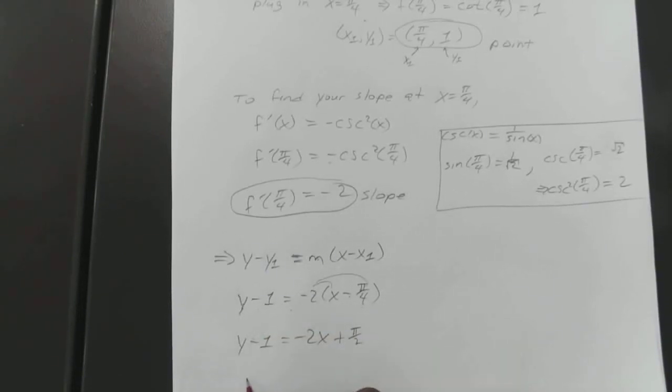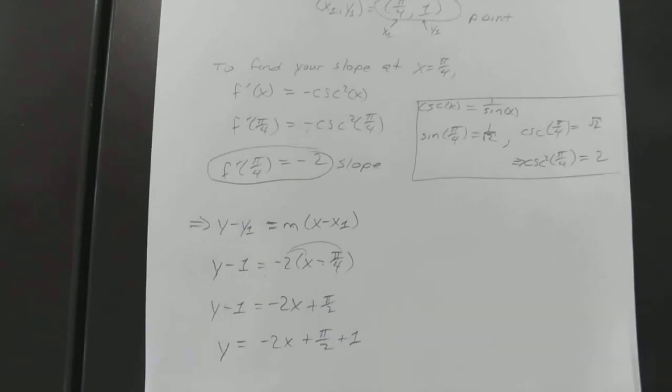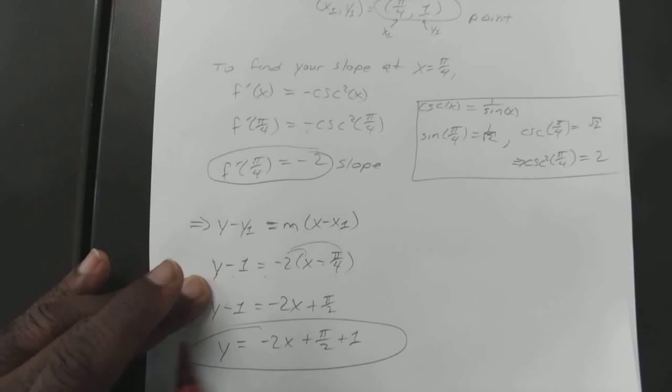Okay, so just add 1 to both sides. You have y equals negative 2x plus pi over 2 plus 1. You can leave it like that. You don't have to combine the pi over 2 and 1 if you don't want to, because it would just be pi plus 2 over 2, which really isn't that much better. So that is actually okay.